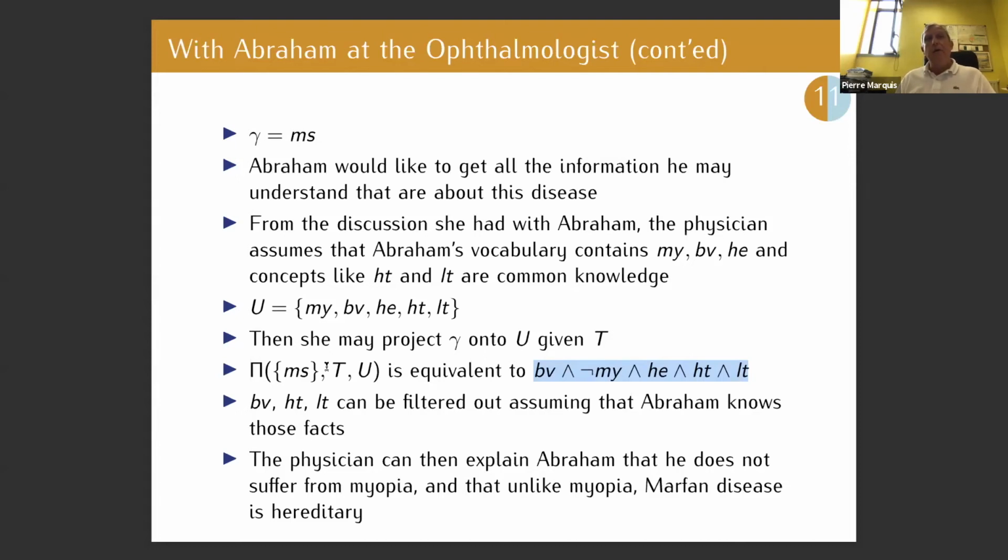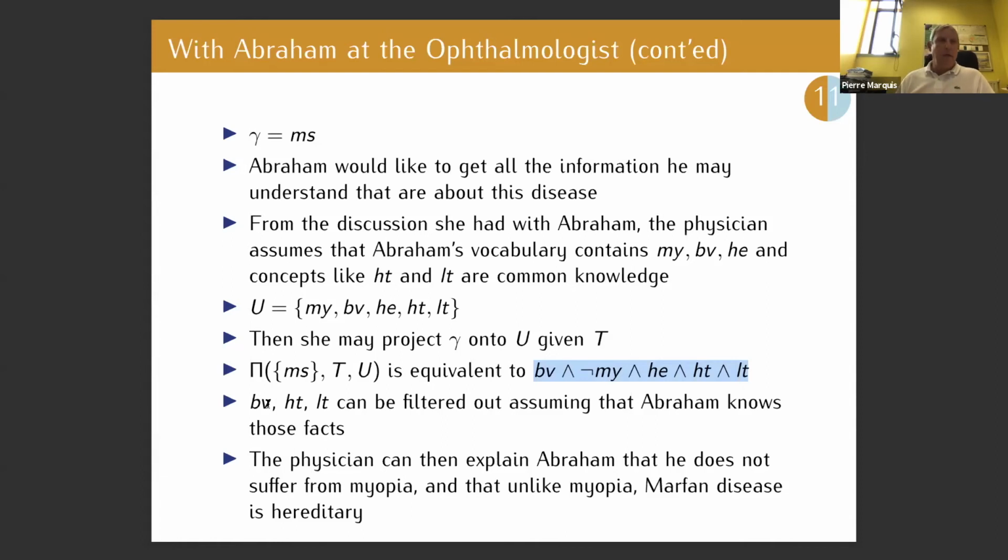And of course, what we can do before reporting this statement is to filter out the facts that Abraham knows, or that at least the physician may believe that Abraham knows, like blurred vision, because Abraham went to the physician because of the blurred vision.